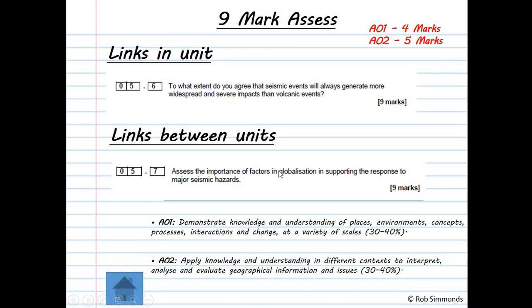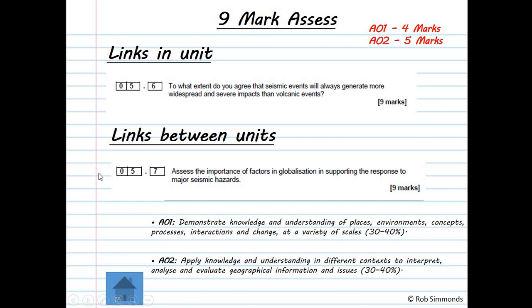So an example of a 9-mark figure assess with a link in a unit is this. To what extent do you agree that seismic events will always generate more widespread and severe impacts than volcanic events? In this question, you're comparing earthquakes and volcanoes. You gain 4 marks for your AO1, your knowledge of key concepts and processes, 5 marks for your ability to assess and address the question.